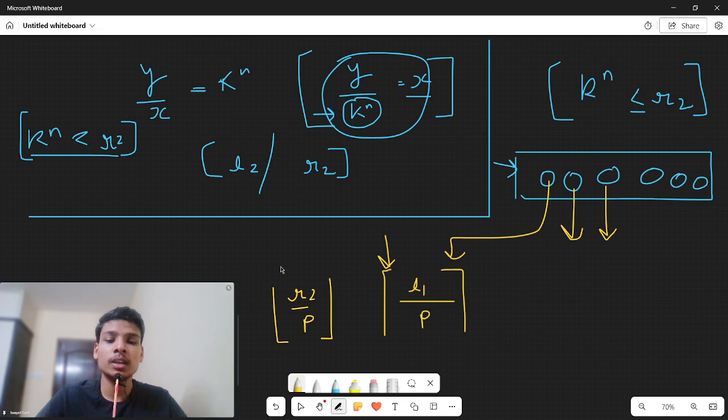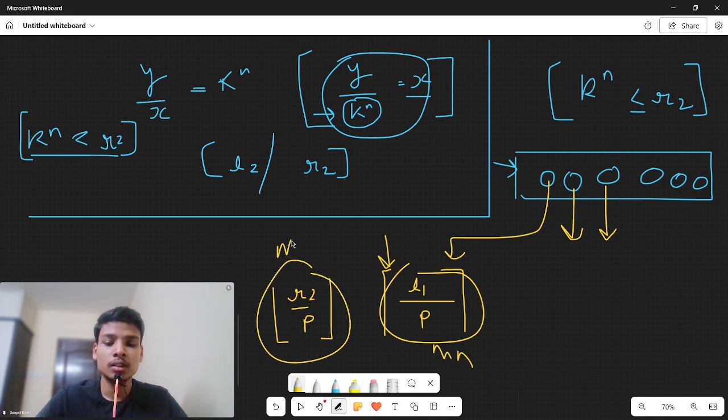That is r2 divided by p. So just check the condition and subtract these two. For example, this is your min and this is your max. For finding the answer, just subtract max minus min. So this is the answer for each and every power. Just repeat it for each and every power in this array, and you'll get your answer.